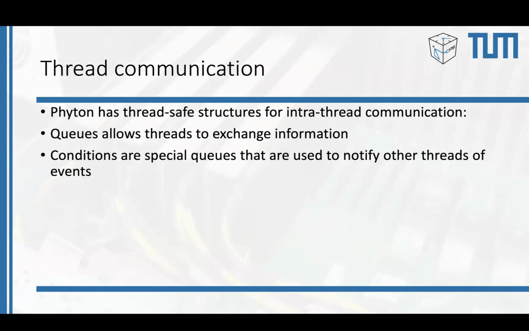And there is a special queue that is called a condition that allows you to send notifications for events. And there's a bit of machinery behind the scenes that allows you to use shared variables safely. At the same time, this is done for you behind the scenes, basically. So we'll see an example of that.